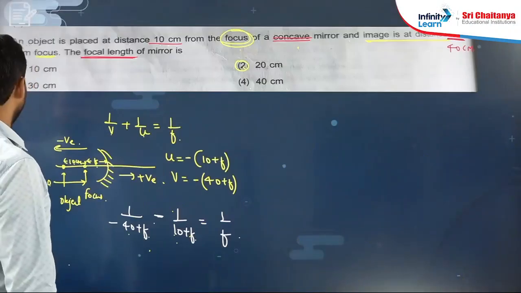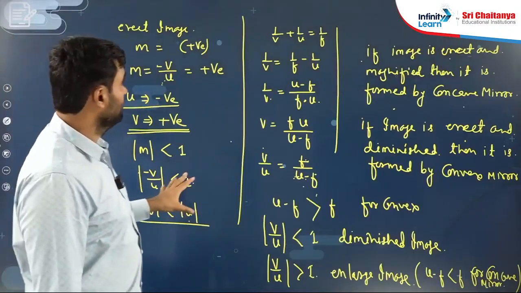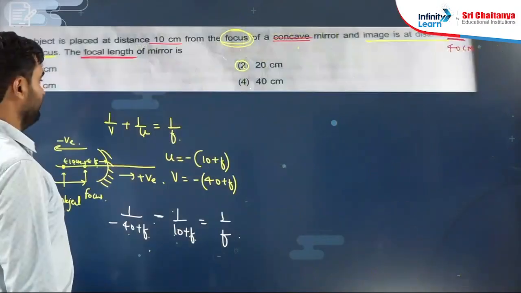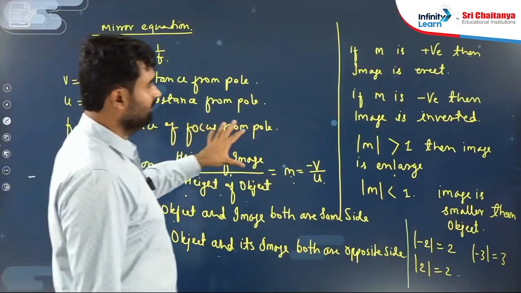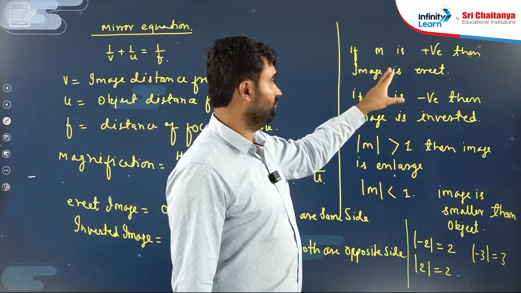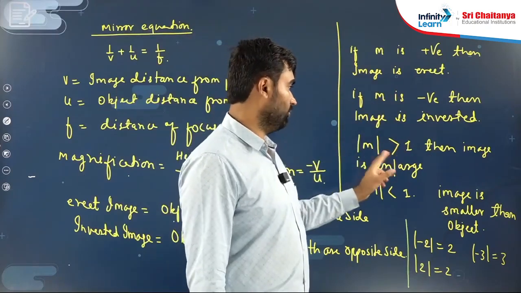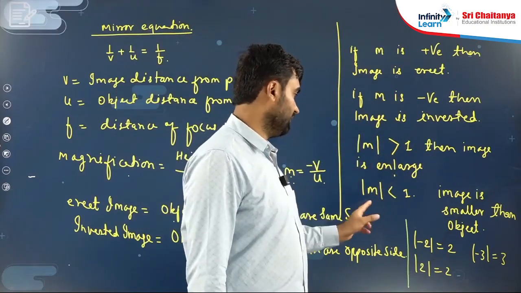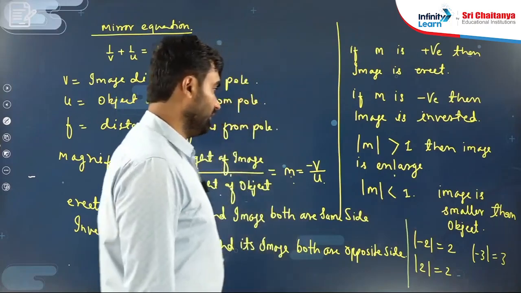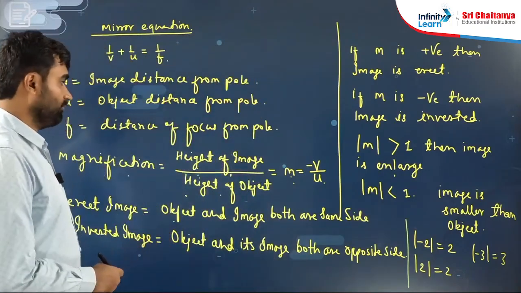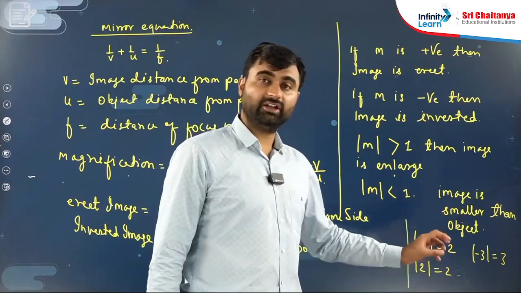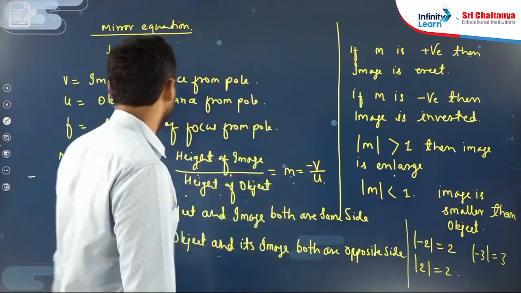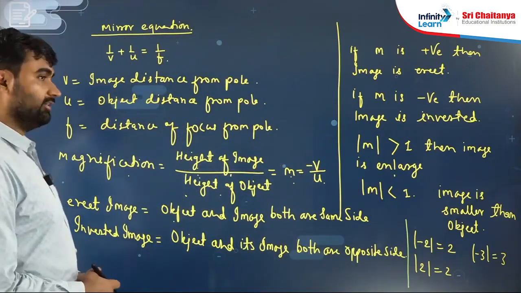We also discussed magnification, positive and negative. Magnification positive means erect, negative means inverted, mod m greater than 1 means the image is enlarged, less than 1 means it is diminished. And I explained mod: mod of -2 is 2, meaning the negative sign becomes positive after using mod.